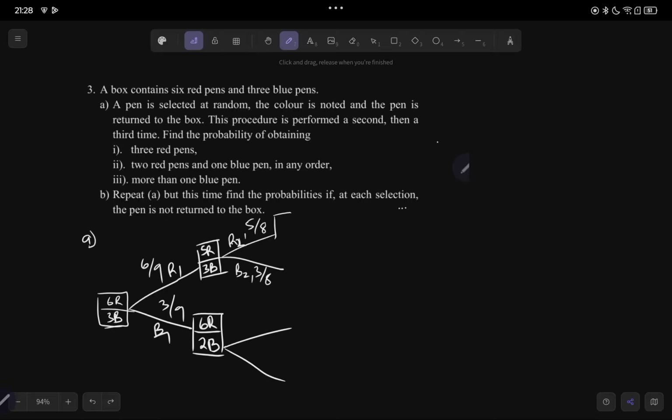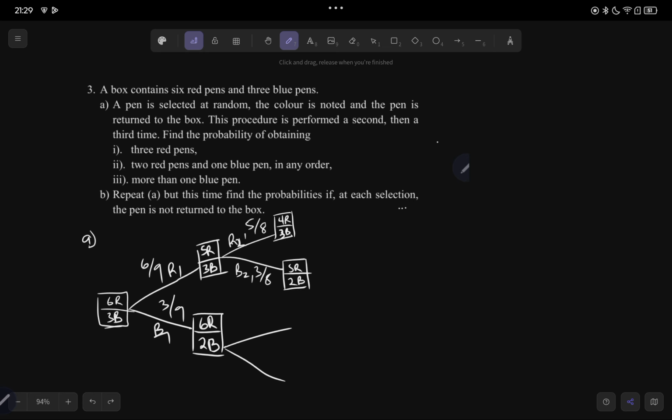Now what has happened here? Due to this picking, now the reds are 4, blue are still 3. Here when you pick the blue, they become 2, reds are still 5.